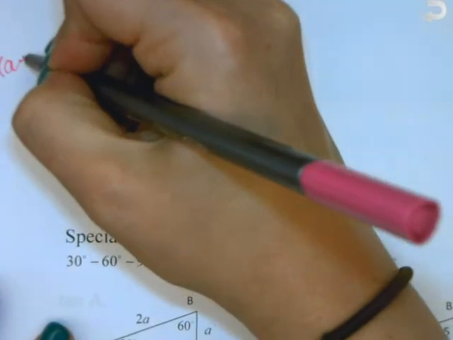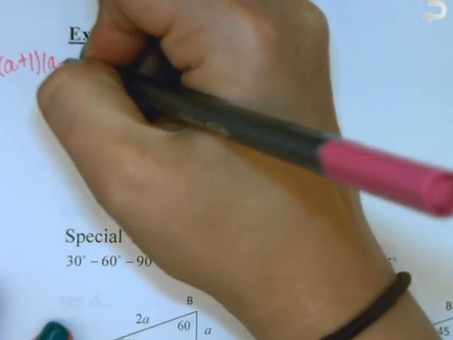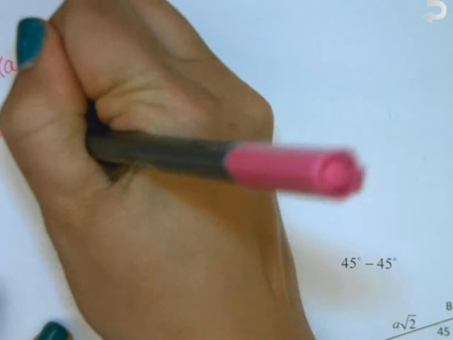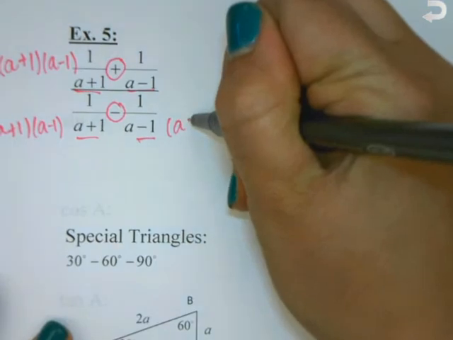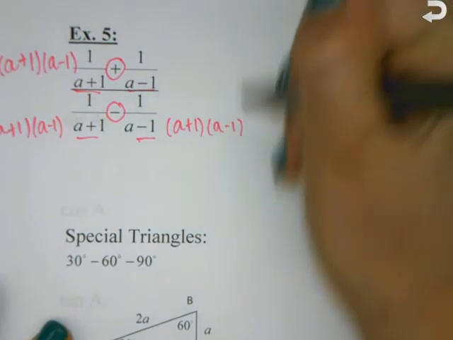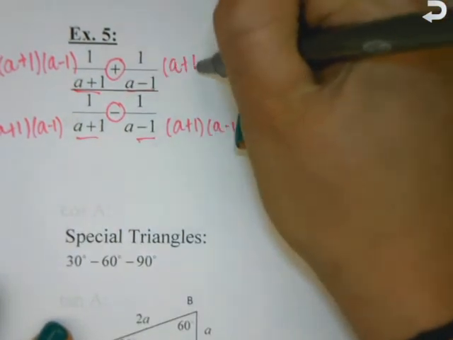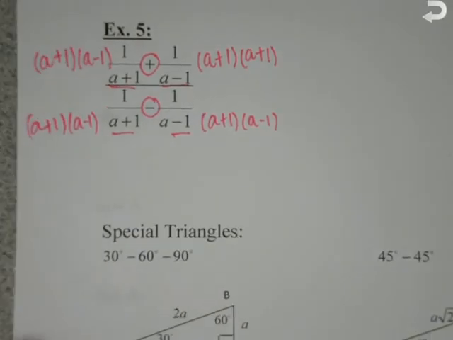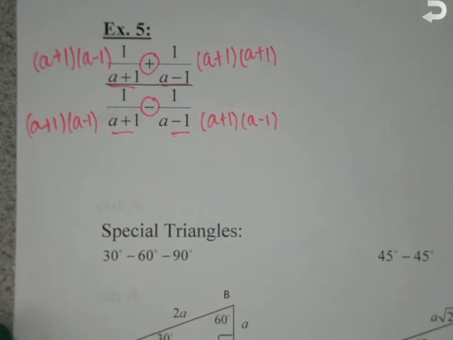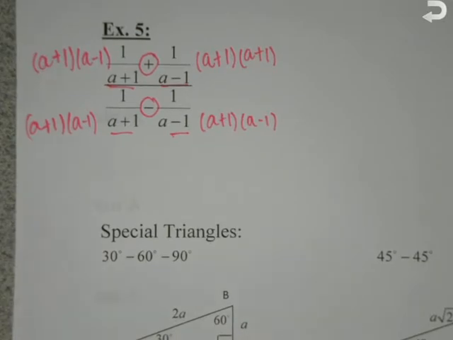So multiply everything by that. And the reason why we're multiplying every single term by the LCM, or least common multiple, is because of the distributive property. I'm just skipping the step of drawing the arrows. But we're multiplying everything by the same multiple. Equals.